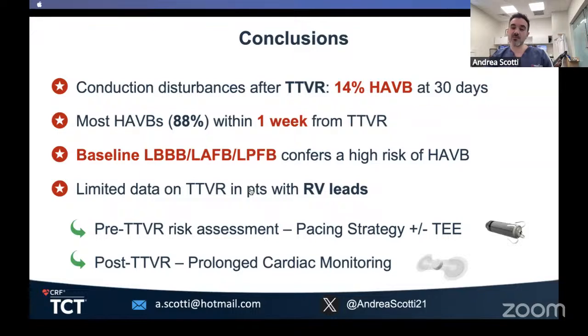So this is clearly a very relevant complication, and all of us should be aware of it and give these monitors to our patients to minimize such risk of conduction disturbances and potential bad outcomes if not detected in time. But for sure, whenever we have more granular data, we will investigate if the outcomes are any different in patients having this outcome and those who do not.